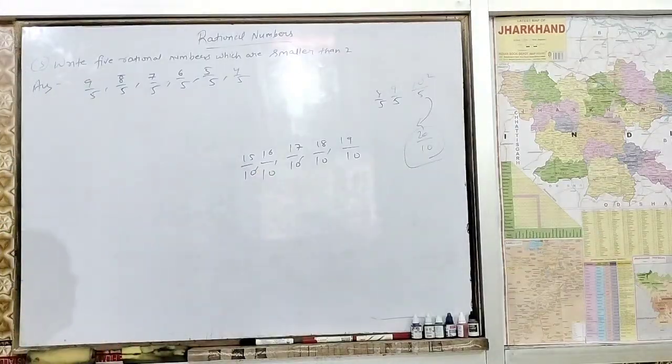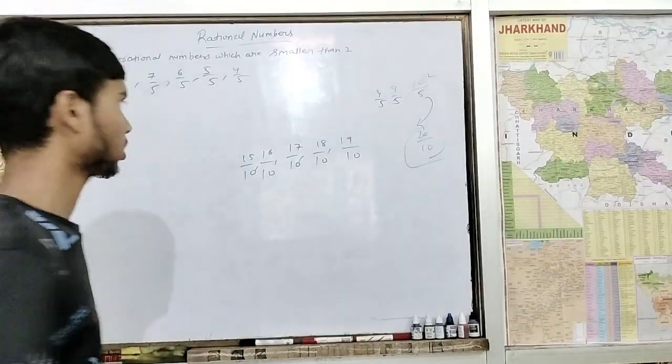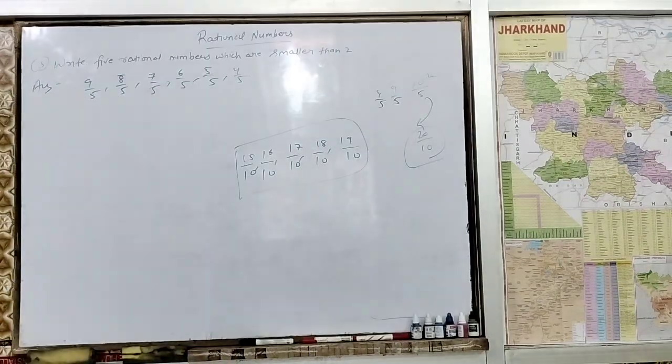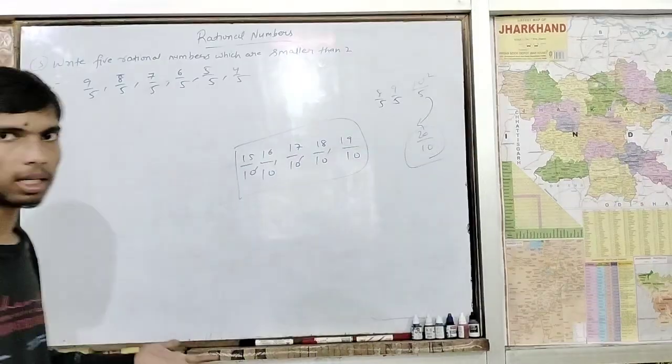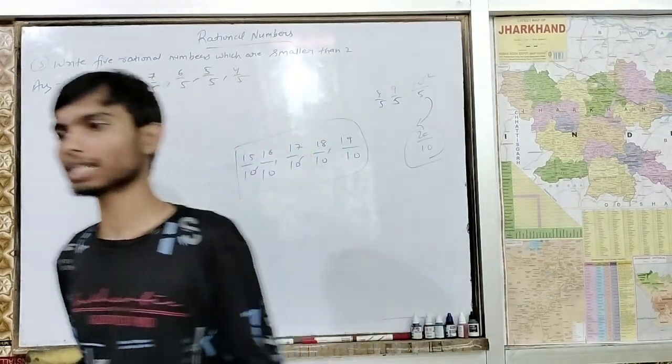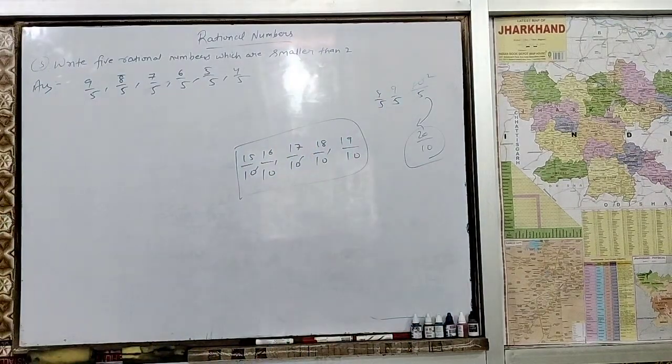These are 5 rational numbers which are less than 2. You can write either this or this. It's your choice. Both are correct. Both are rational numbers which are less than the integer 2. That is how we find rational numbers less than any integer.